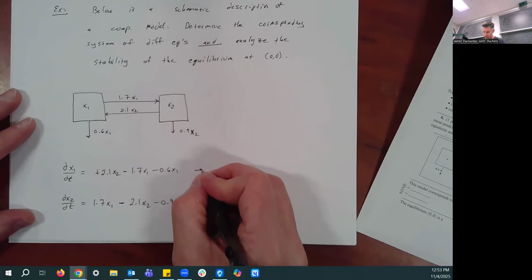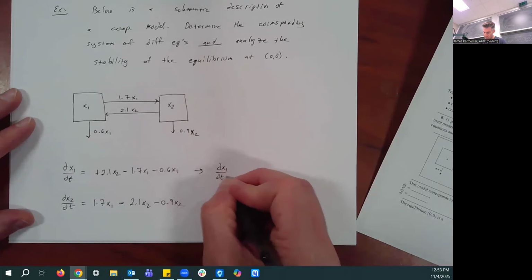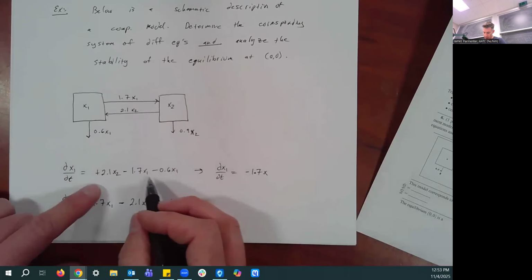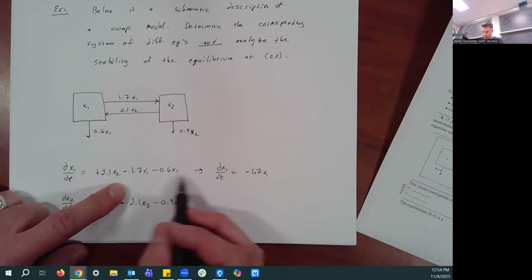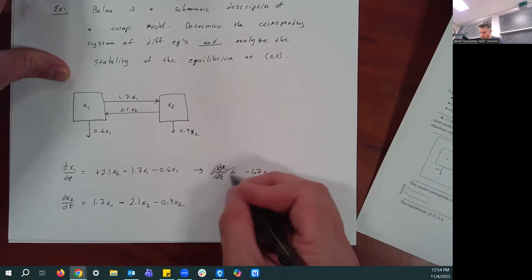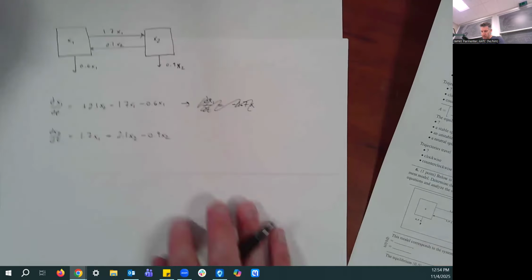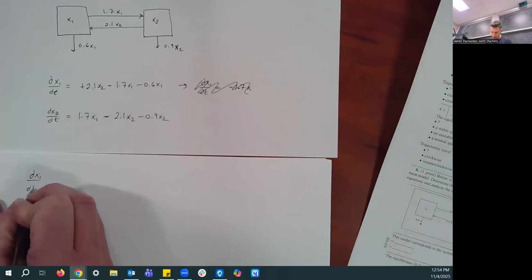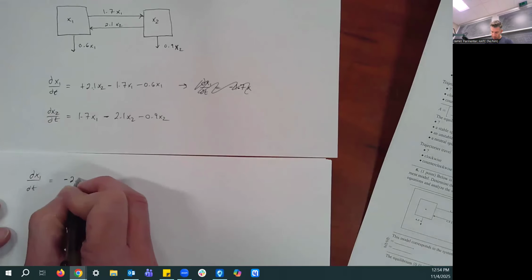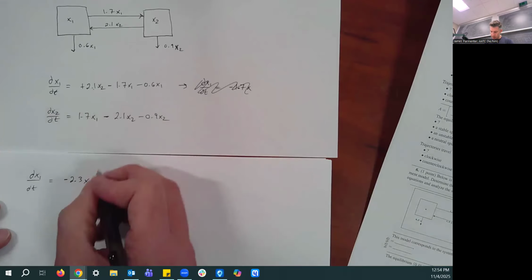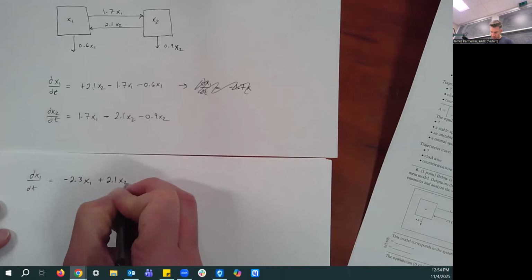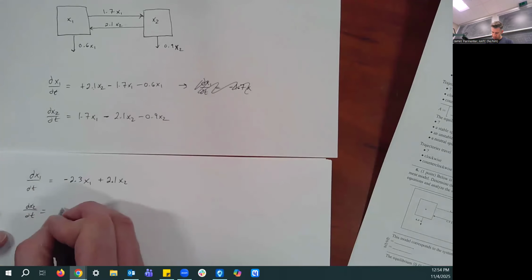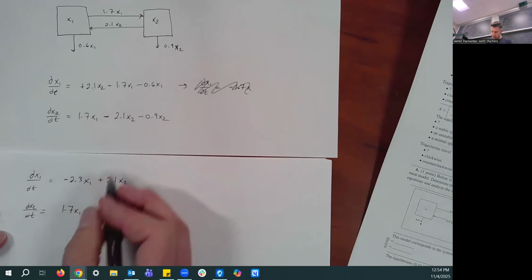So we should rewrite this as dx1/dt equal to negative 1.7 x1, and then, oh, I blew it. Let's just use a new page here. I forgot the other part of the x1 here. So it's negative 1.7 minus 0.6. So my dx1/dt is negative 2.3 times x1 plus 2.1 times x2. And my dx2/dt is 1.7 times x1 minus 3 times x2.